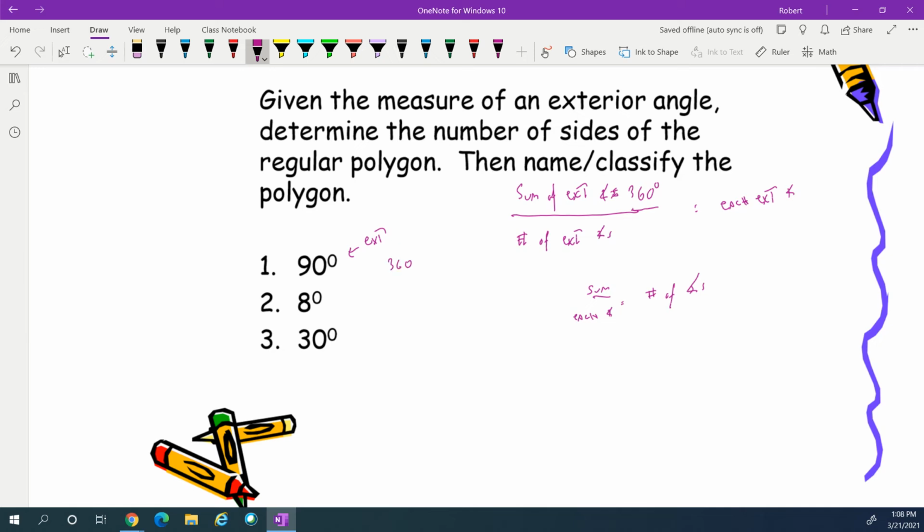So 360 divided by 90 tells me that there are 4 exterior angles, which means there's 4 sides, which means this is a quadrilateral. 360 degrees divided by 8 degrees tells us there are 45 exterior angles, which means it has 45 sides, which means it's called a 45-gon.